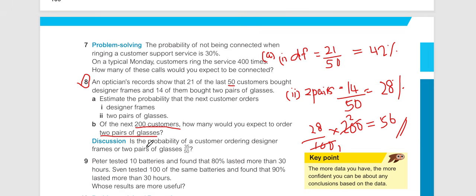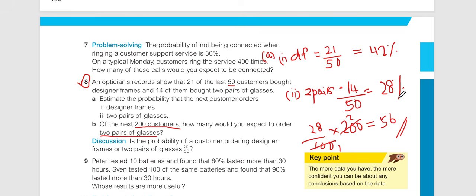Right, so for the discussion part, they're asking, is the probability of a customer ordering designer frames or 2 pairs of glasses? So or means one of the two, right? So you have to add both of them and see. Both answers are as percentages here, the relative frequency.